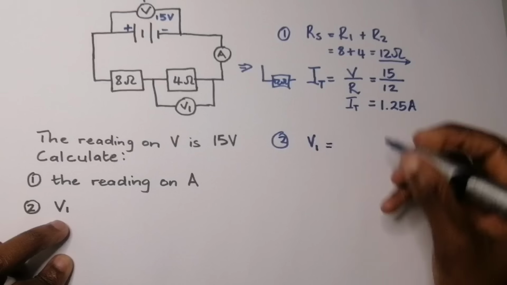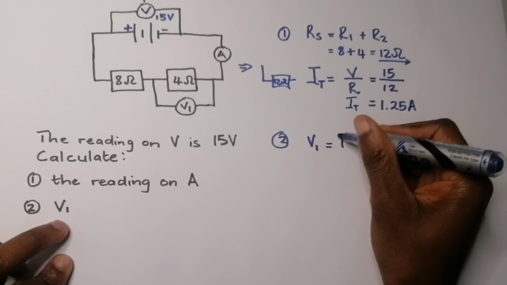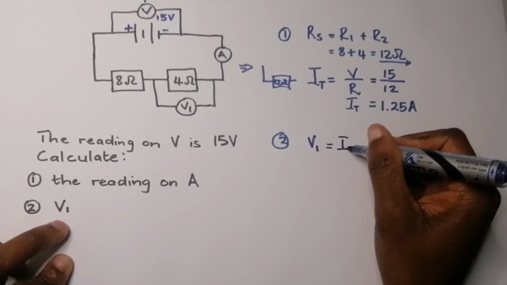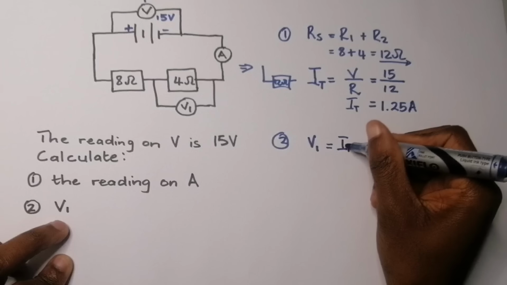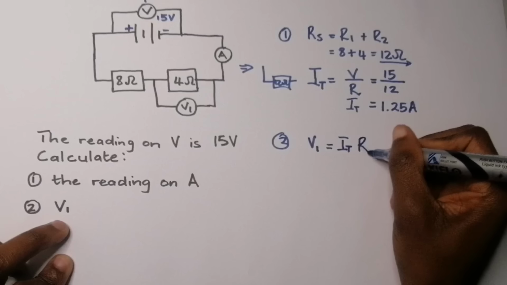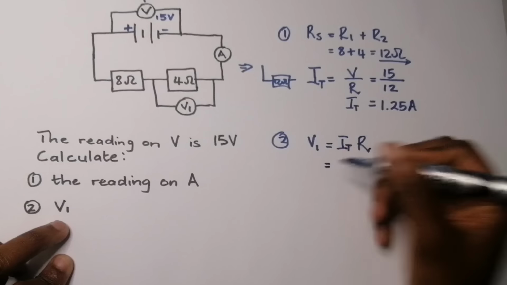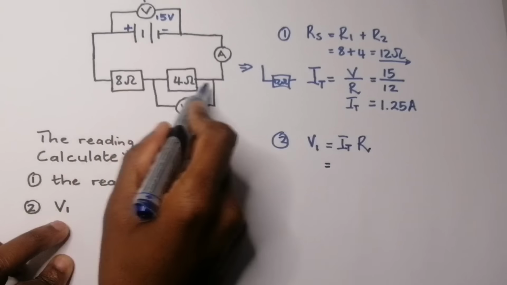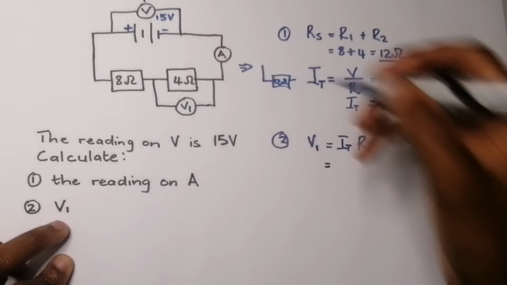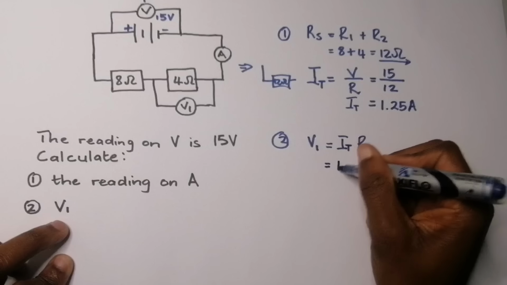So now I'm going to say, all right, so V1 is equals to I total, multiplied by the resistance of it, right? So in this case, what is the current that passes across that 4 ohm resistor? That's the total current. You're right.